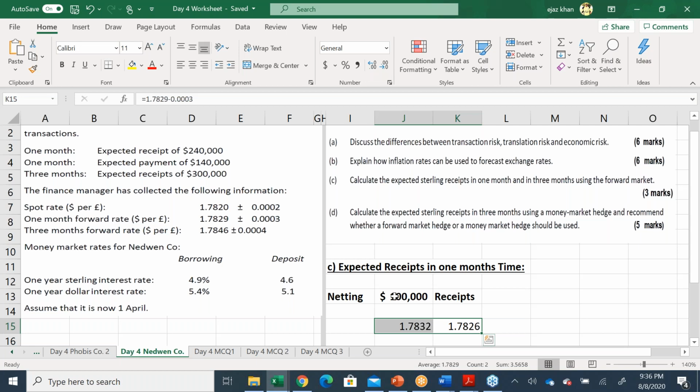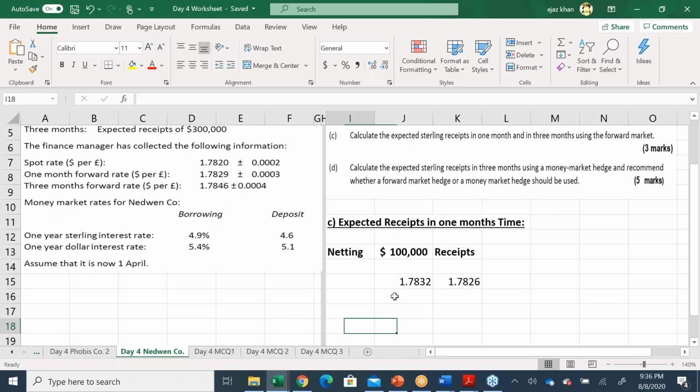It means the company will be having US dollars, which is a foreign currency, and it will be converting these US dollars into the local currency, which is pound sterling, right? Okay, first tell me whether the rate is going to be multiplied or is it going to be divided.